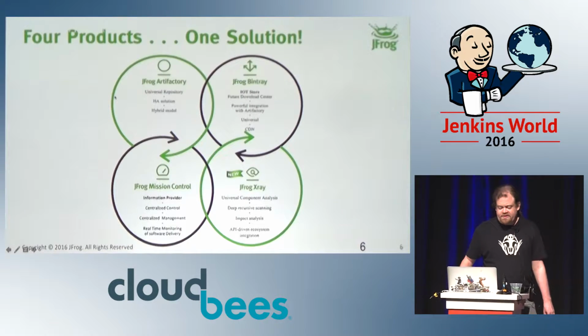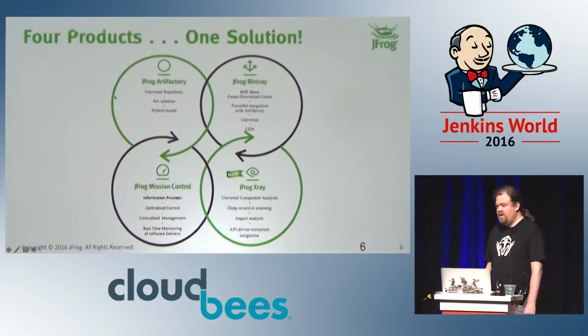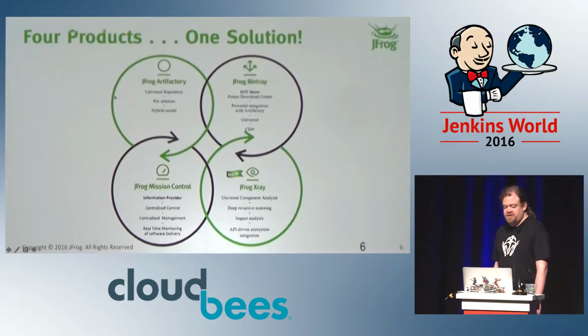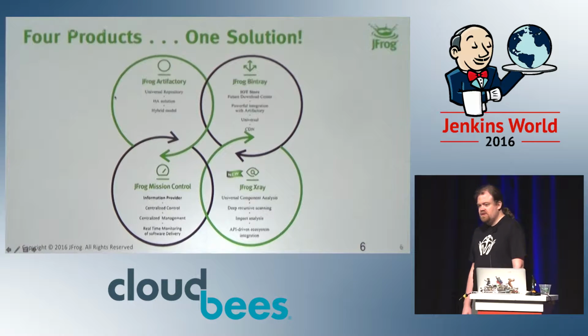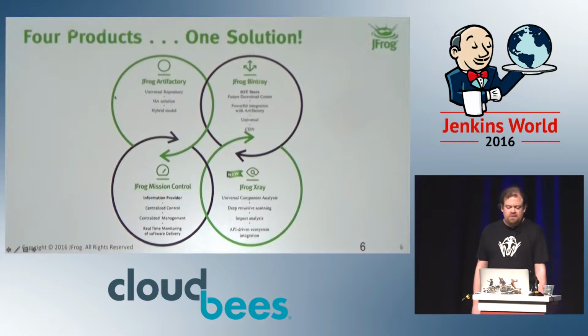We have 4 products. The first product that we've been bringing to this community for many years is JFrog Artifactory, a universal binary repository.